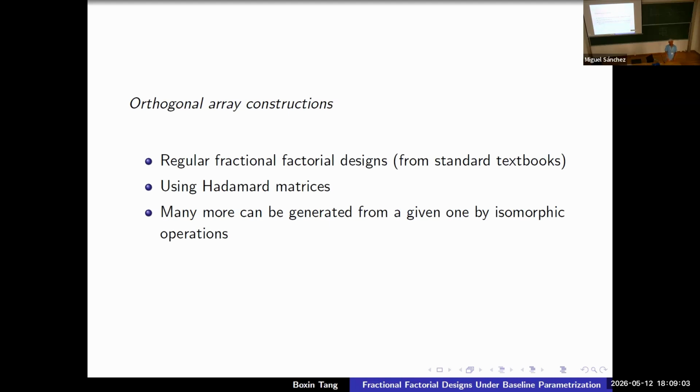Under orthogonal parametrization, all these isomorphic operations give you essentially the same design. But under baseline parametrization, row permutation does not really change the design, column permutation does not really change the design, but if you switch the 2 levels, you get a different design. Okay? And that's one reason the baseline parameterization problem is much more difficult.